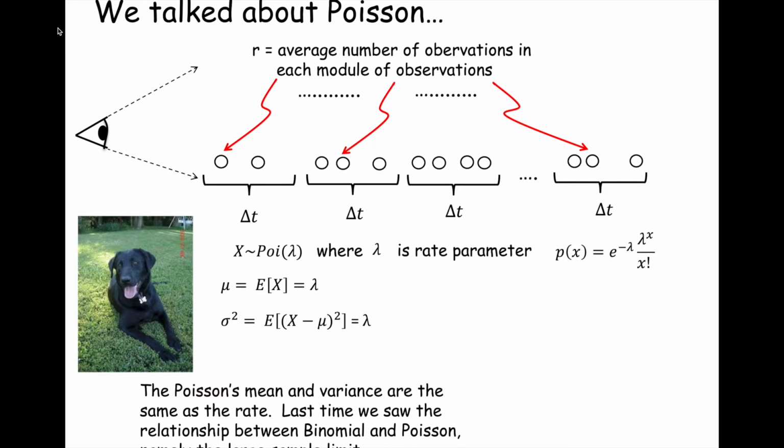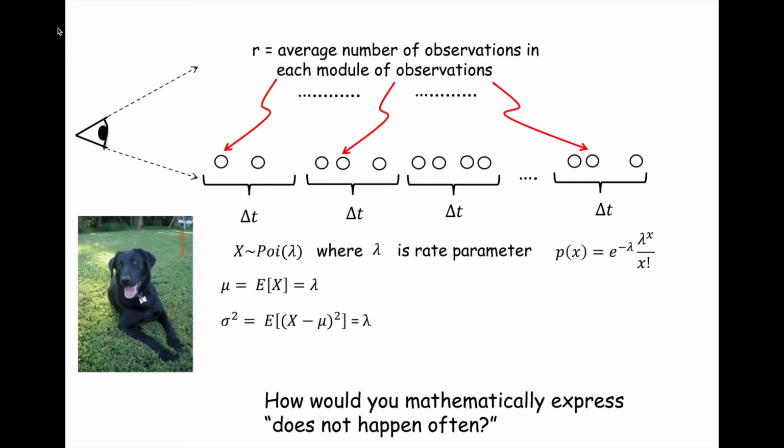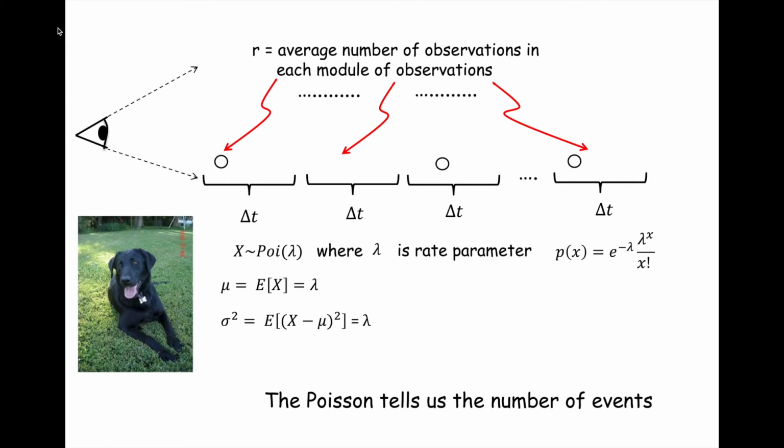Now, related to these events is the amount of time that occurs between a rare event or between events. This idea of what rare means is that the rate is relatively small. It doesn't happen very often. What we're concerned about with the exponential distribution, and this example shows a Poisson configuration where the rate is very small, is that we only have a very small number of events that occur in each standard window of time, delta t.